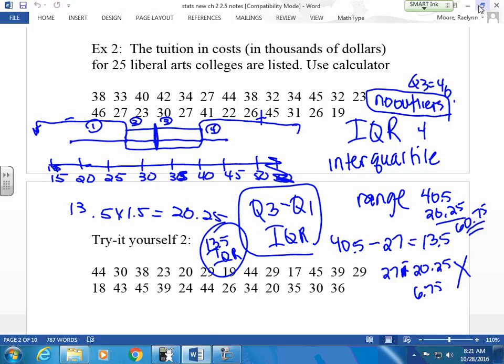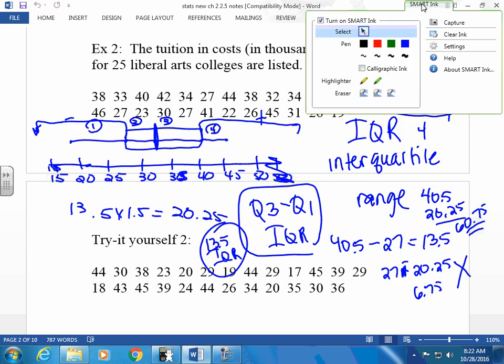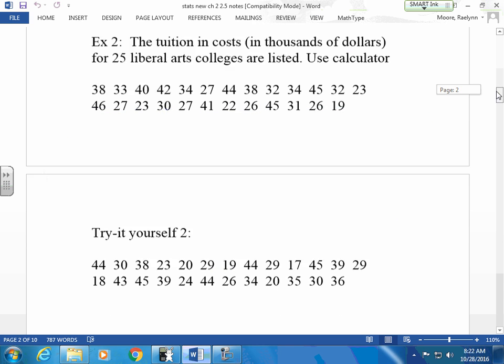Example 3 says go back to the information in example 1 and put that into your L1. This way it's not a lot of information. Go back to example 1 and put that information into your calculator.